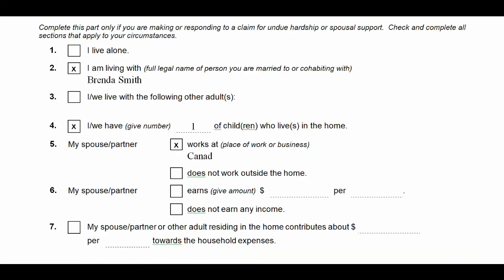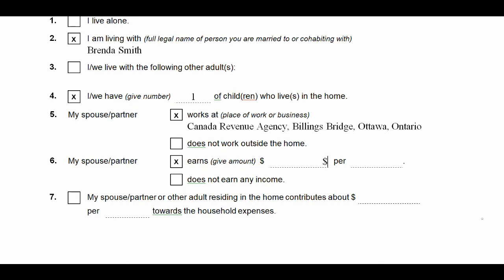How many children are in the house, where your partner works, and how much they earn per year. We also want to include how much they contribute towards the home. So if you're one of those people who have put in your 50% share, whatever your share might be, you're going to want to do the math and find out how much the other person contributes.